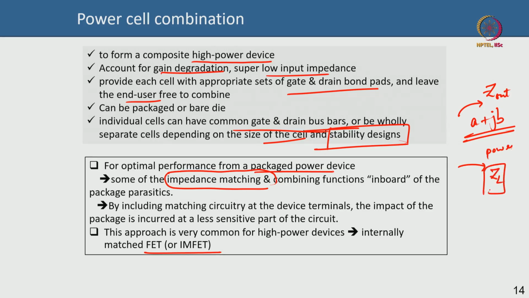A load will have its own impedance, in the form of X plus jY. So your A plus jB output impedance has to be transformed to X plus jY, which means you have to match in a conjugate way. There could be matching for optimal power, matching for optimal gain, etc. But in general you need to match them, which means you need to transform one form to another form.